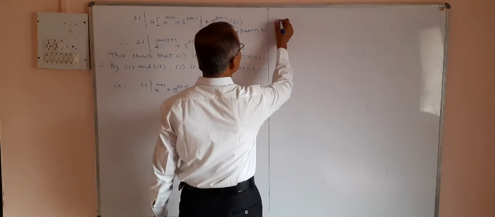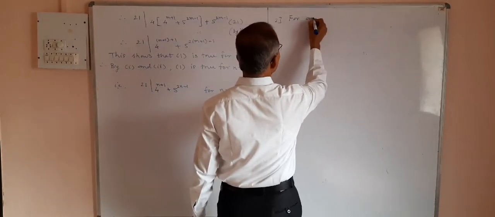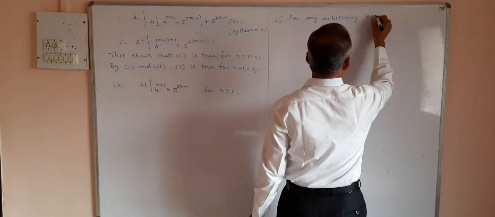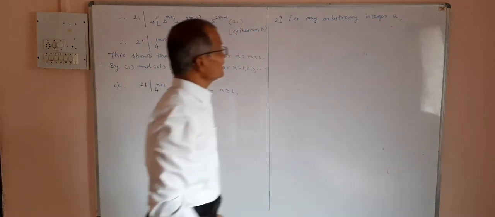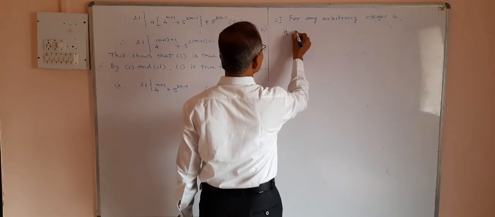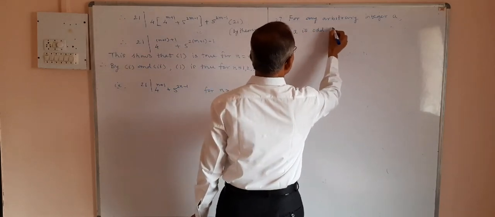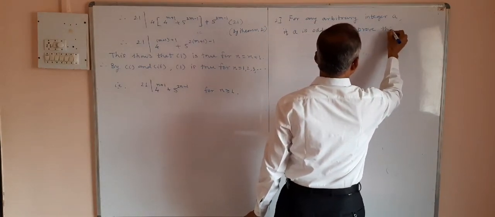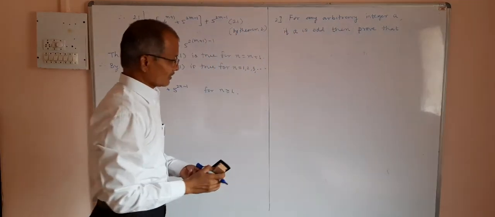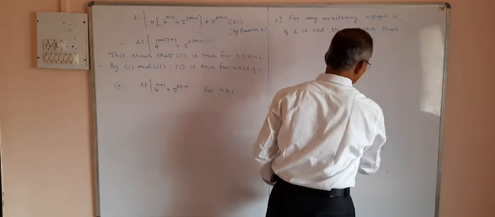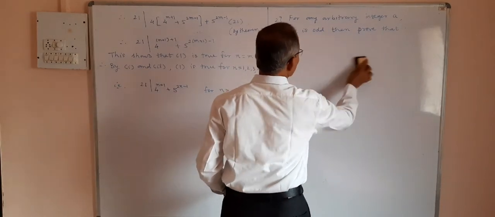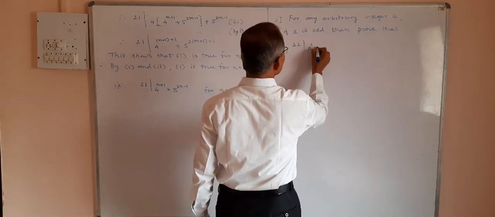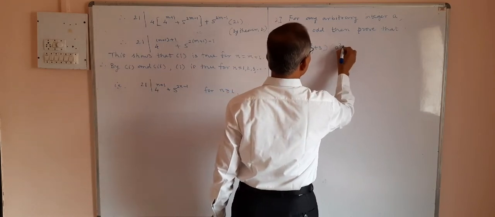I shall write here: for any arbitrary integer A, if A is odd, then prove that 32 divides (A square plus 3) into (A square plus 7).